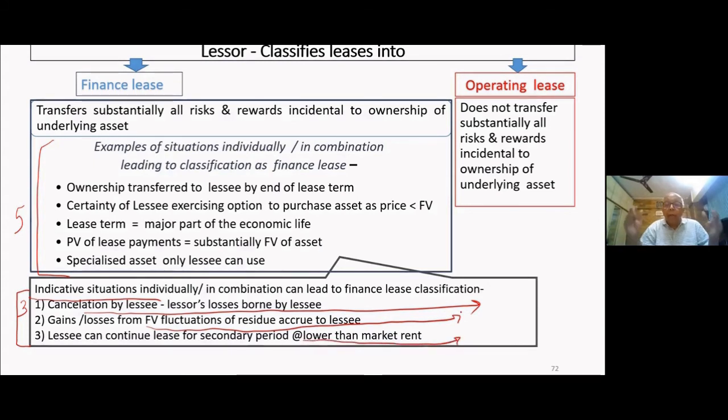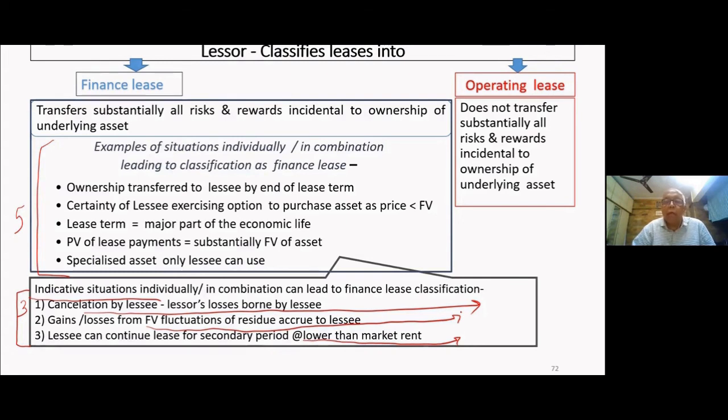For example, an asset of 100 crores with a life of 10 years, but the period of rent is only 5 years, and the rent is such that its present value is almost 100 crores, recovered within 5 years itself. Let's say 22 crores or 25 crores per annum.